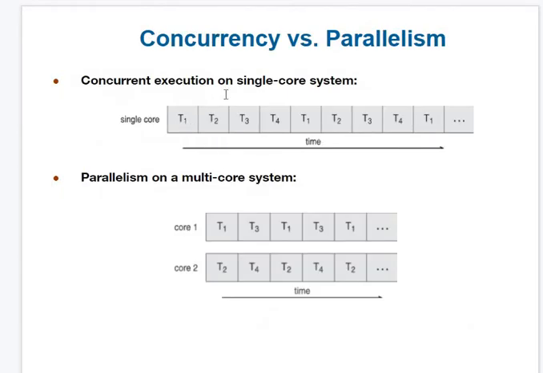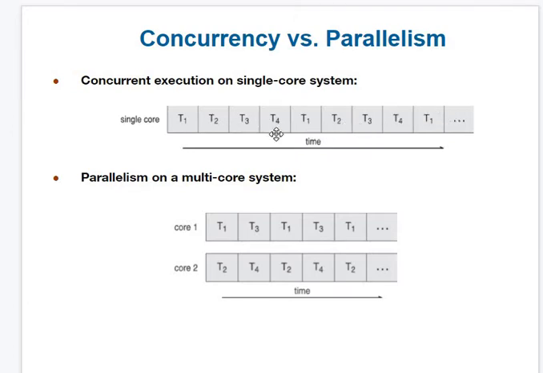Now here, what happens if we execute with a single core? What happens if we execute with multiple cores? With a single core, all the threads will go for execution one after another. See here, first 1 2 3 4, again 1 2 3 4, again 1 2 3 4.